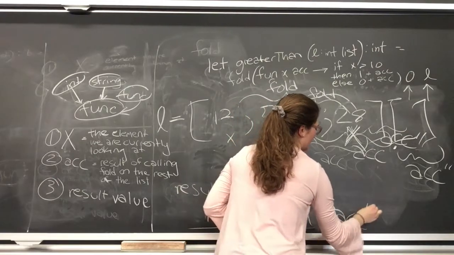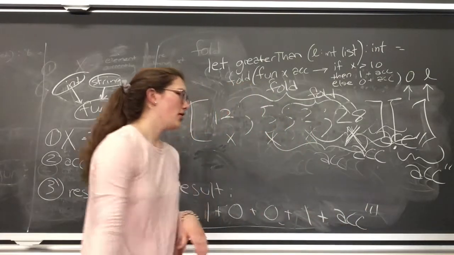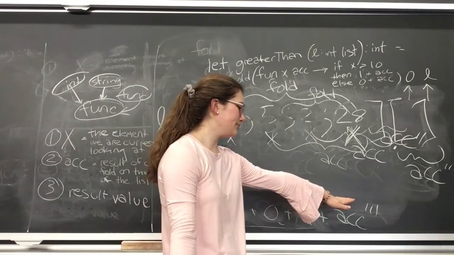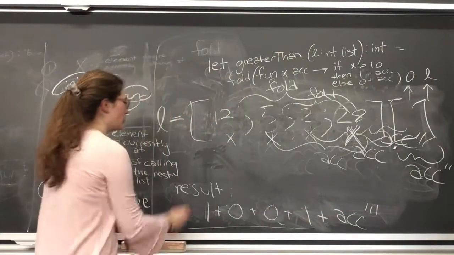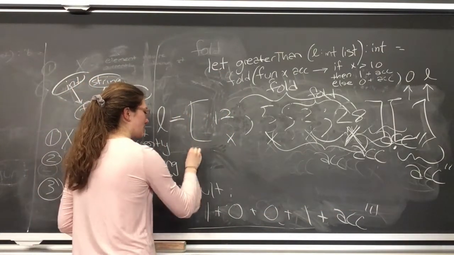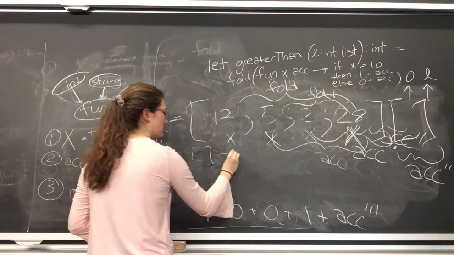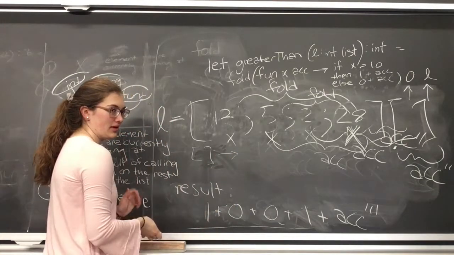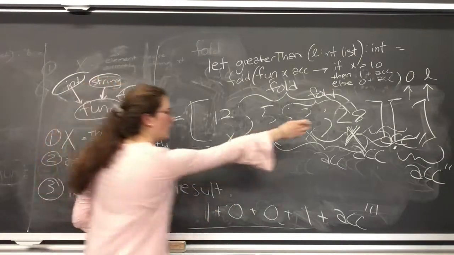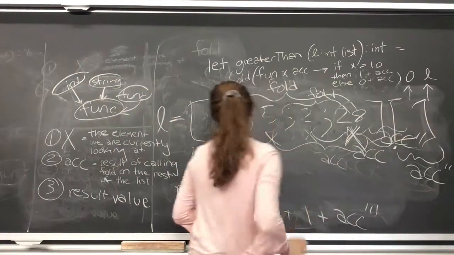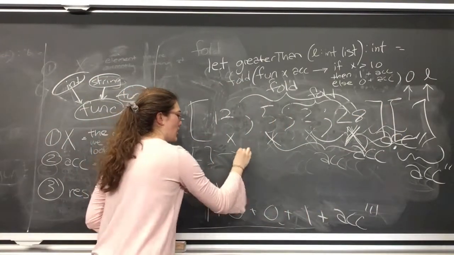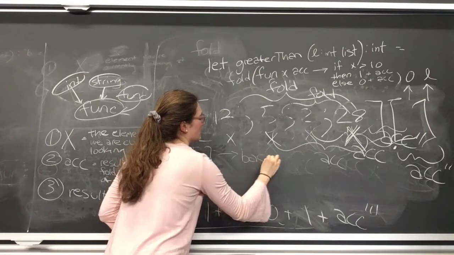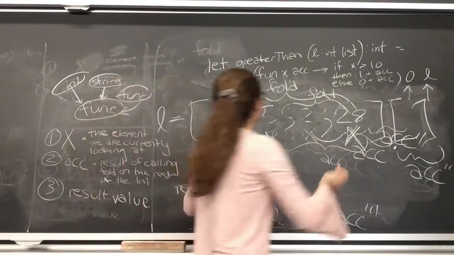Okay, finally, let's figure out what acc triple prime is. Okay, so remember in the definition of fold, there's 2 cases in pattern matching. It's either when the list is empty or if there's at least one element in the list. So we're calling fold on an empty list. And we know from the definition that that results in the base. So what is our base in this example?